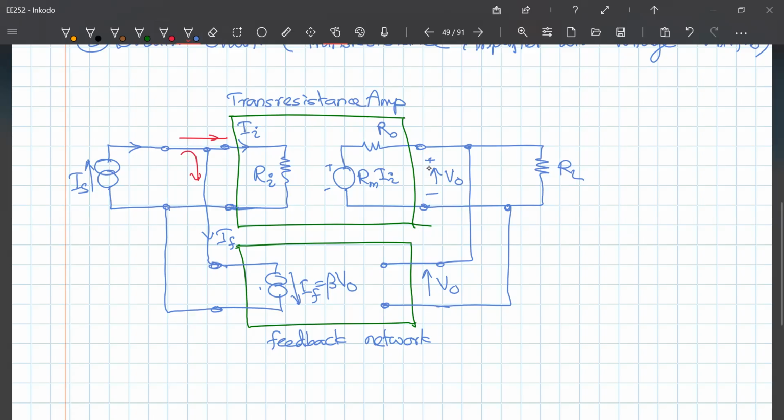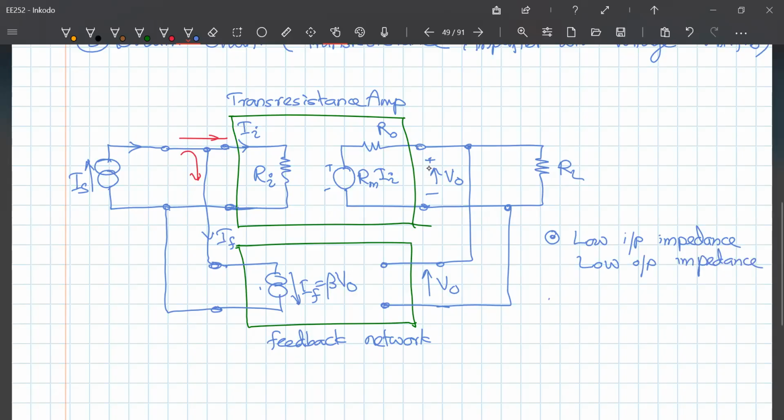What we like for a transconductance amplifier is low input impedance and high, and also low output impedance, because output is a voltage source. So this is what we like to have.